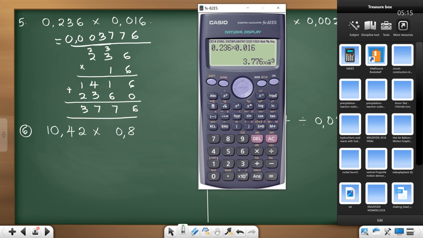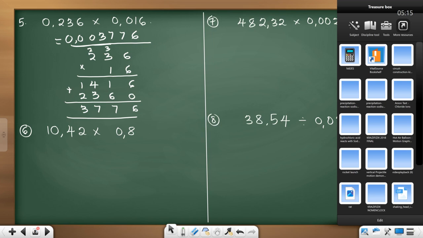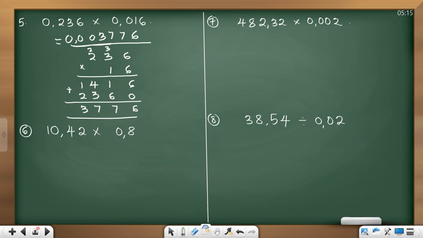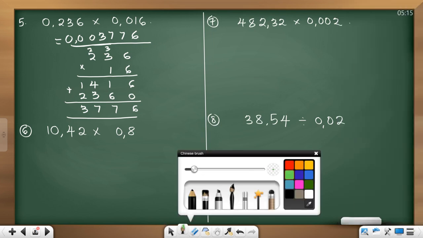Let me just quickly change it. Look at that, 0,003776. That's beautiful. So you see that you can actually do what your calculator is doing, which makes you very, very intelligent. Beautiful. Okay, I hope that is well sorted.